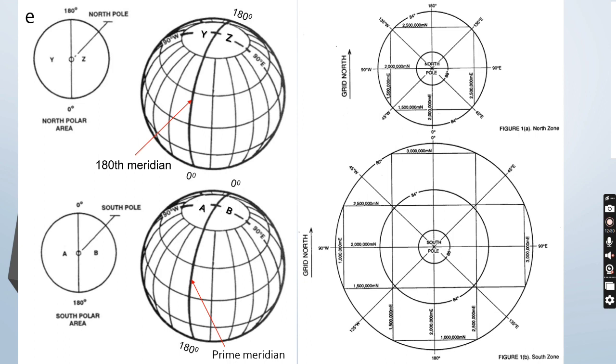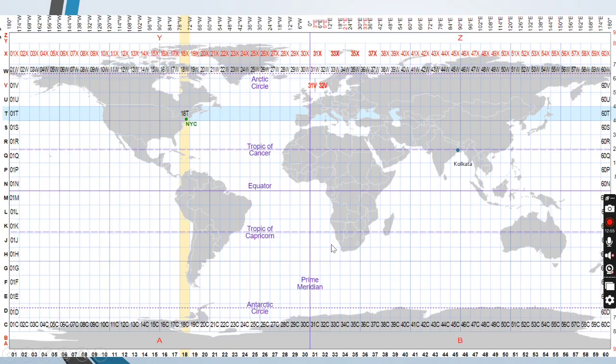It is defined to pass along the prime meridian in the Antarctic and along the 180th meridian in the Arctic. Thus, east and west on the grid, when moving directly away from the area, you can understand, you can visualize.